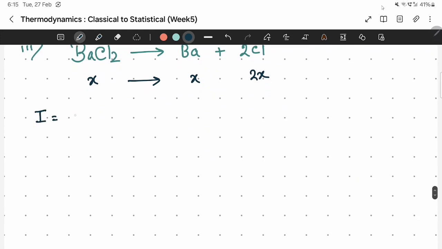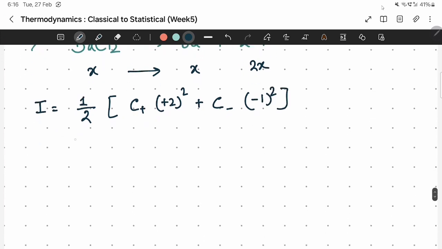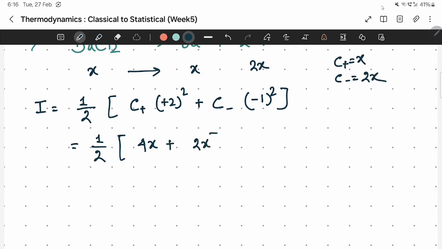So I will be half into C plus 2 square plus C minus 1 square. Eventually it will be 4X because C plus is X, and C minus is 2X, so it is 2X. So again it is 3X. Now X is given as 0.2, so it is 0.6. Okay.